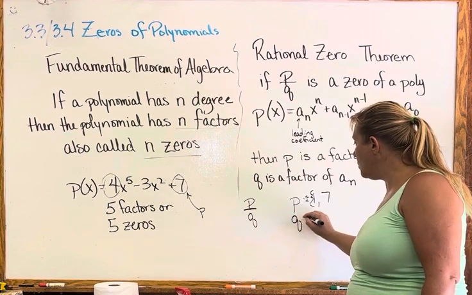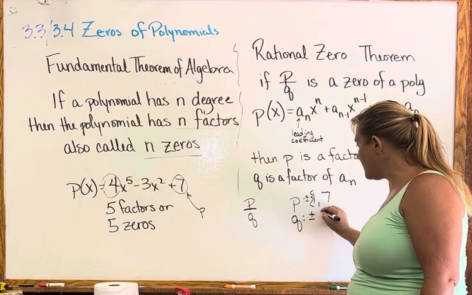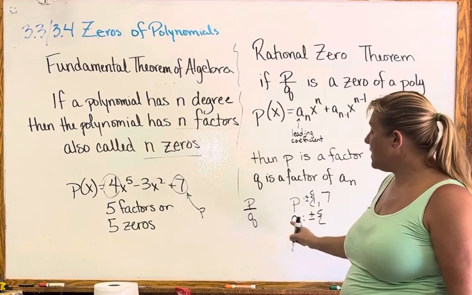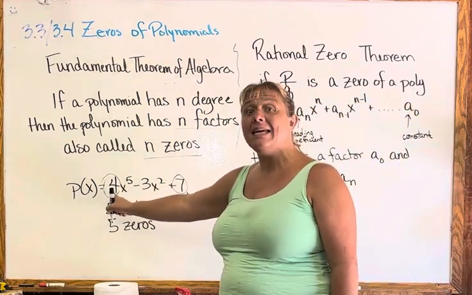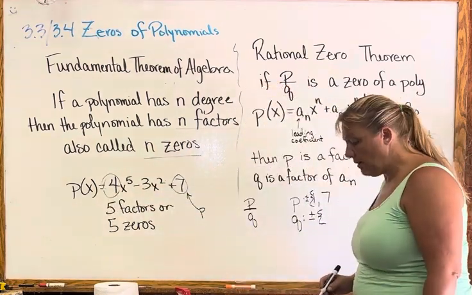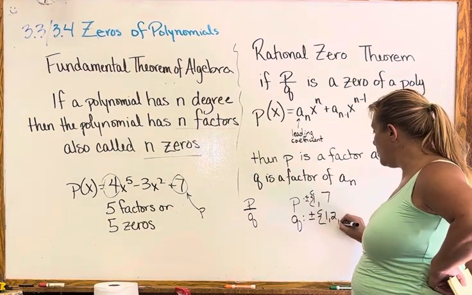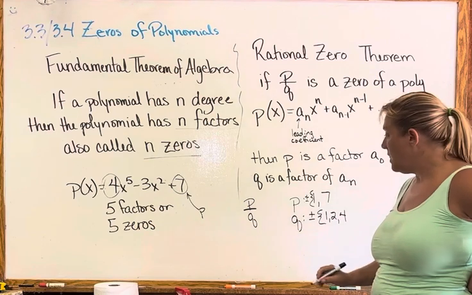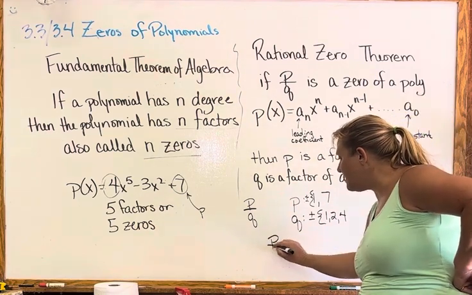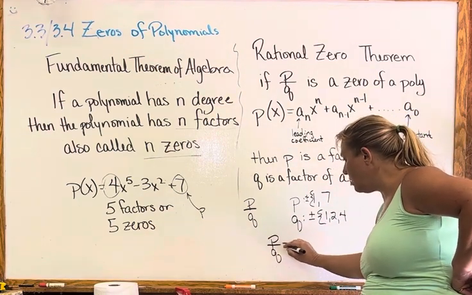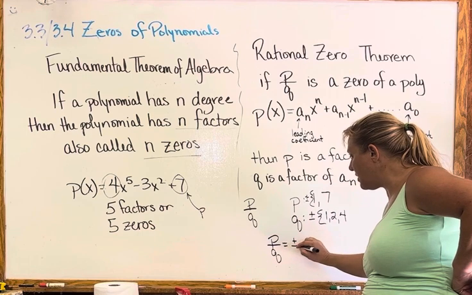And Q, again, a plus or minus applying to the whole thing, is going to be a factor of the leading coefficient. So the numbers that multiply to be 4. So that would be 1, 2, and 4. And then P divided by Q will look like this, plus or minus.